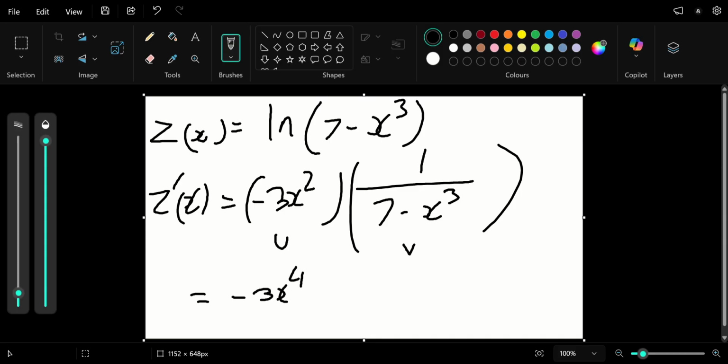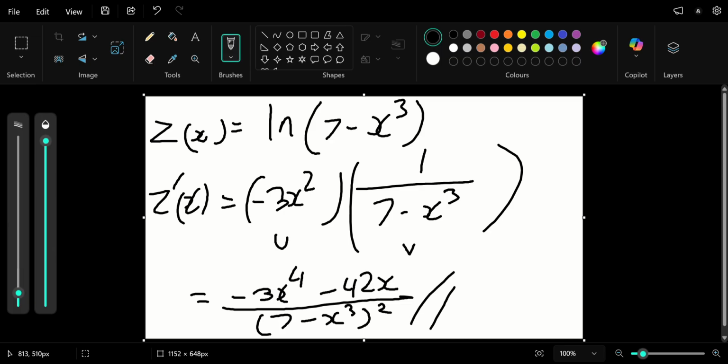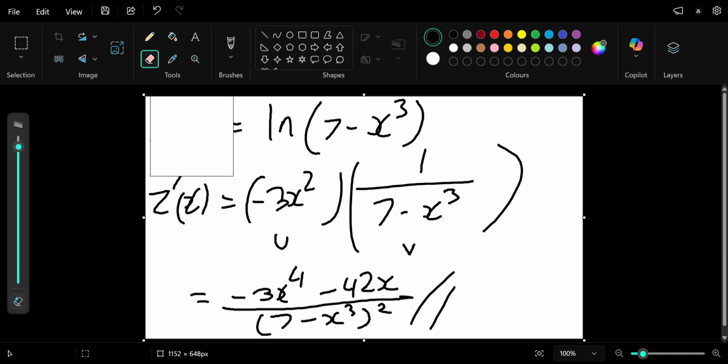We'll be left with a minus 3x to the 4 minus a 42x over our denominator 7 minus x cubed squared. And that's your final answer.